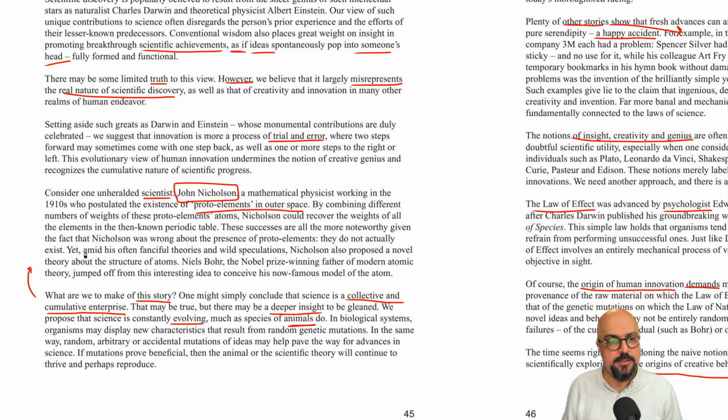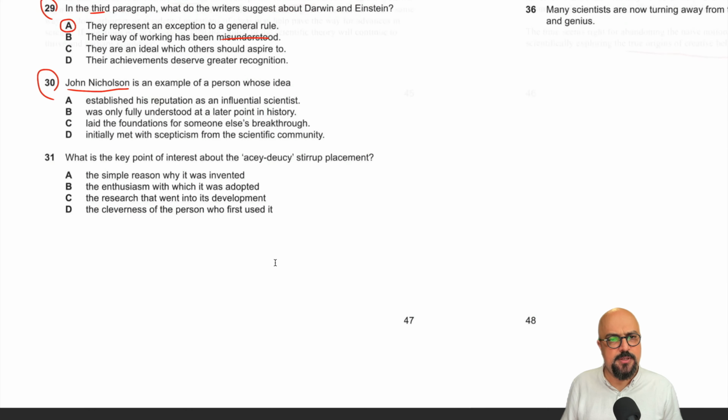They do not actually exist yet. Amid his often fanciful theories and wild speculations, Nicholson, who also proposed a novel theory about the structure of atoms, blah blah, the Nobel Prize winning father of modern atomic theory, jumps off from this. Okay, we don't need this person at all. So let's see. It was a little tough.